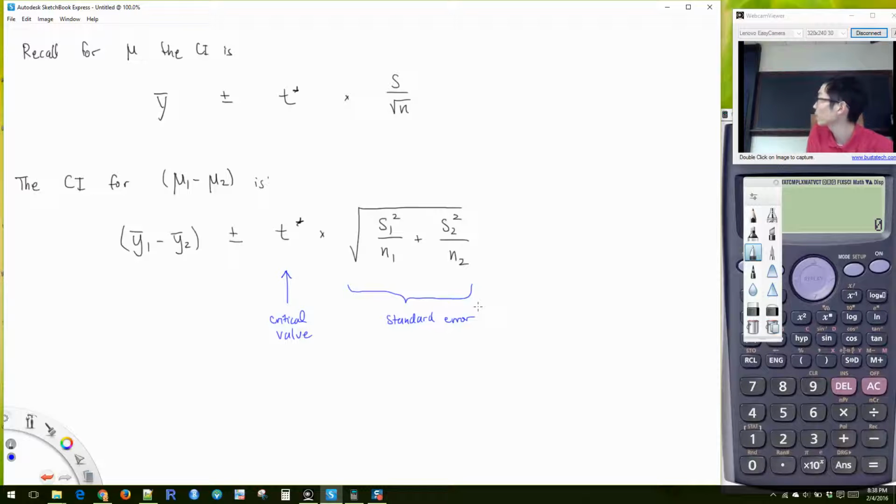Yeah, I'll explain this in a moment here. And then this is our current best estimate of mu1 minus mu2. Okay? So what is this? Why is this thing like this?